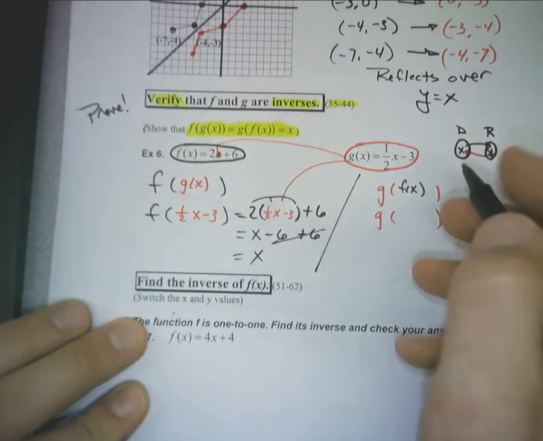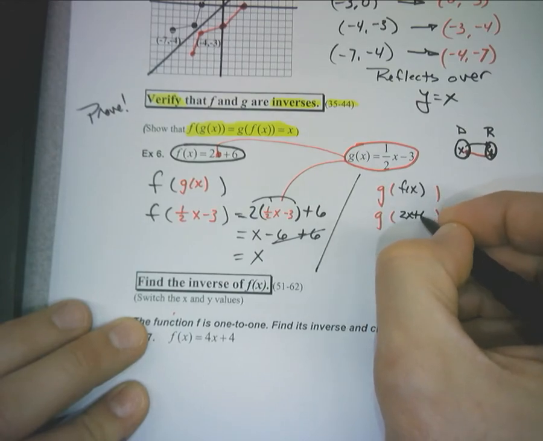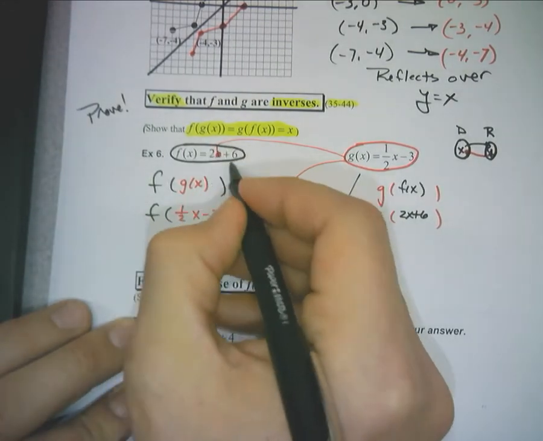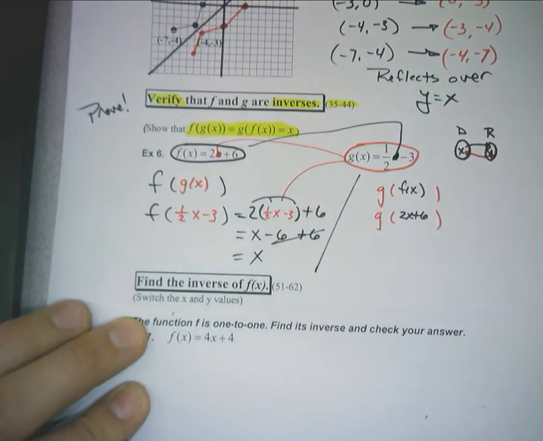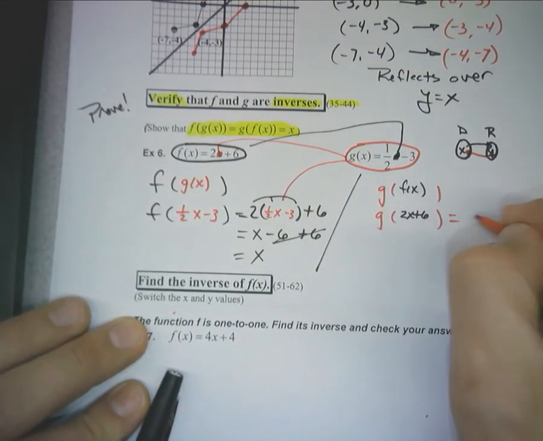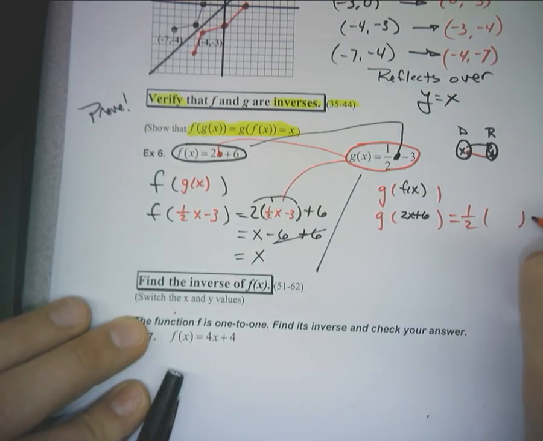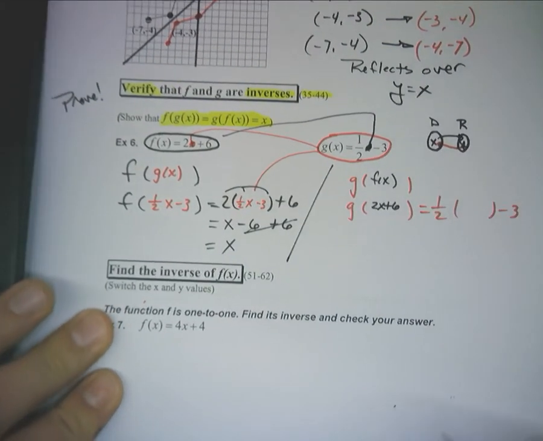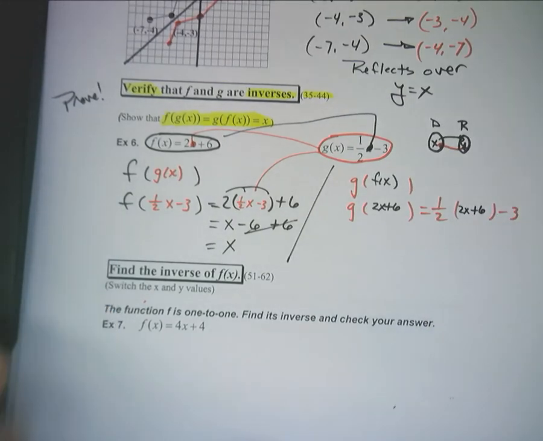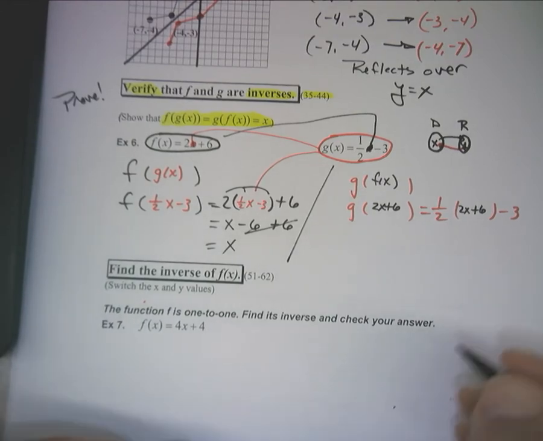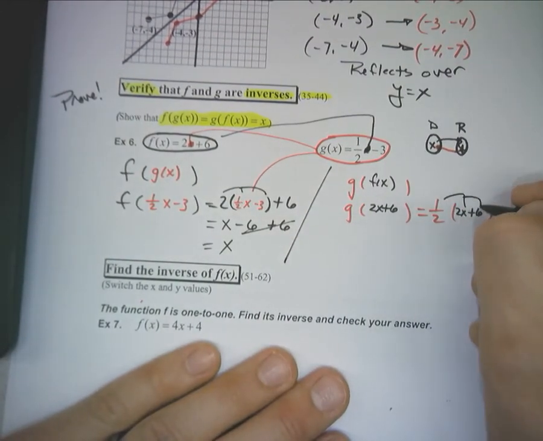F of x is 2x plus 6. So the idea is I'm going to take this and I'm going to put that right there on this x. Okay, so I have 1/2 x minus 3. And this time I'm doing 2x plus 6 here. A lot of times they solve in exactly the same way. We take this 1/2, we distribute.